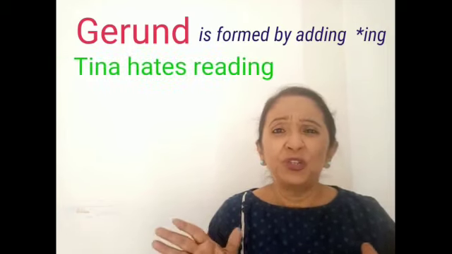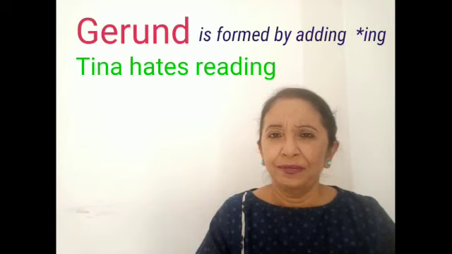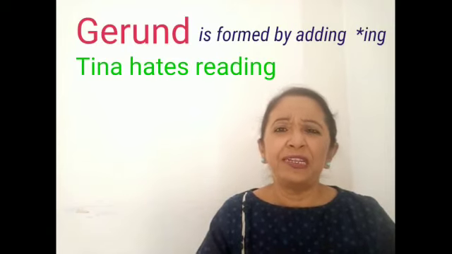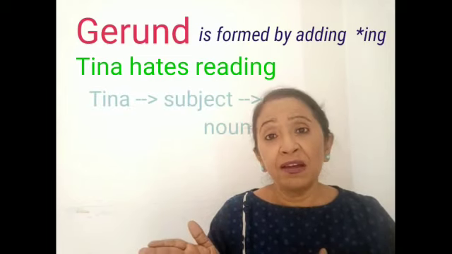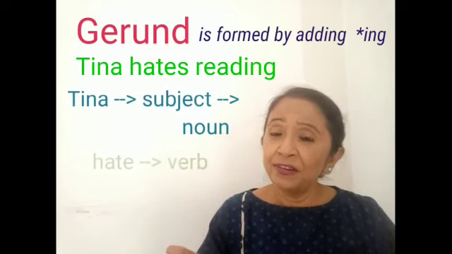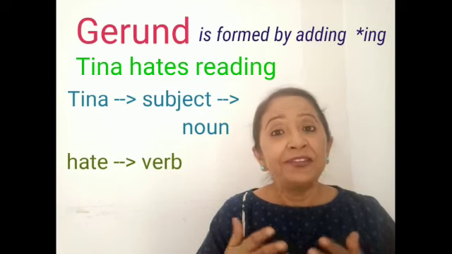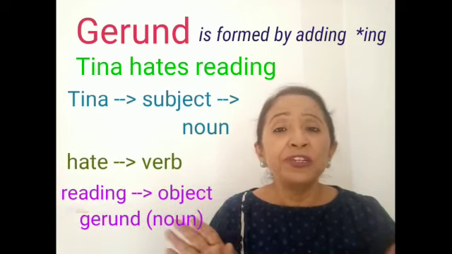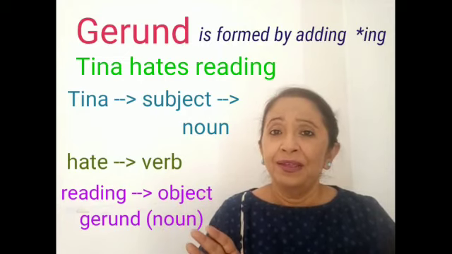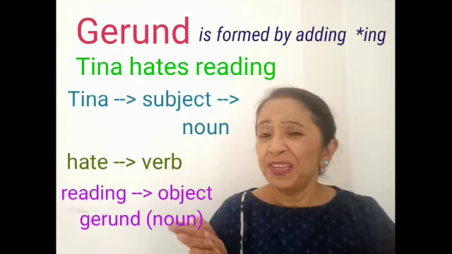Now let's take the third sentence. Tina hates reading. Now what is the subject of the sentence? Tina. Hates is the verb and reading is the object. Tina is not reading at the moment, but she hates something.